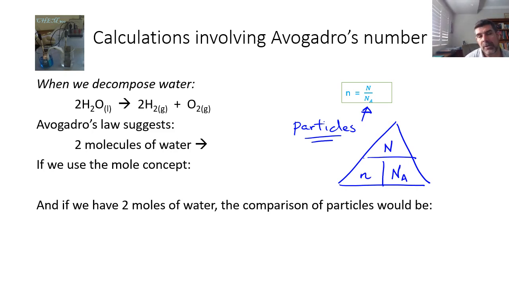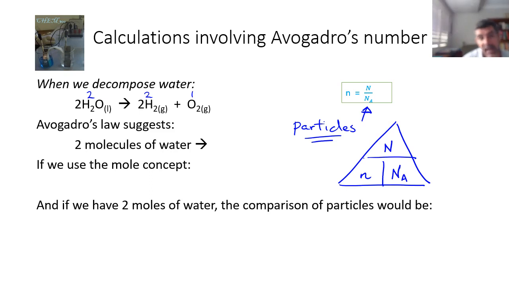So if we were to look at the electrolysis or the decomposition of water, when we break down water into its two component elements, hydrogen and oxygen, then we have an equation here which represents that process. Two water molecules produce two hydrogen gas molecules and one oxygen gas molecule. And we can see that when we do this experiment because of the 2-to-1 ratio of gases that we produce.